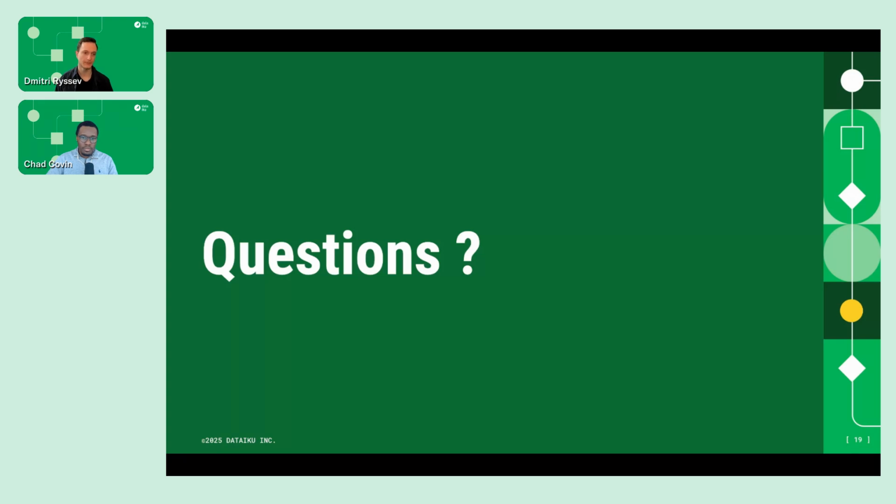So technically, it would be possible. Not something, to Chad's point, we have out of the box today, but certainly doable with the extensibility and the flexibility of the Dataiku platform and our agent features.